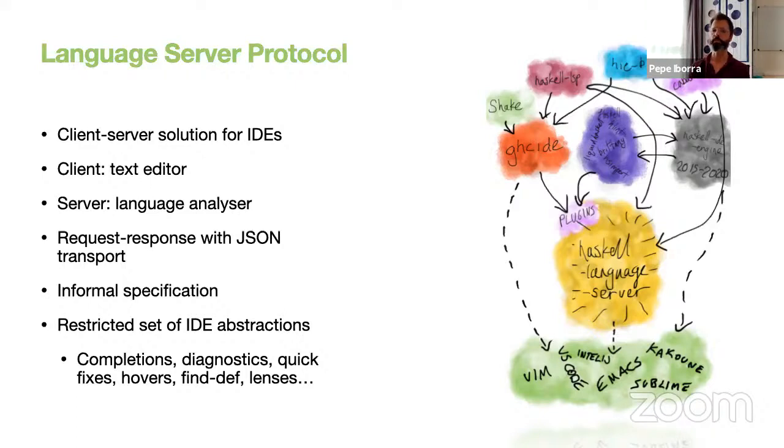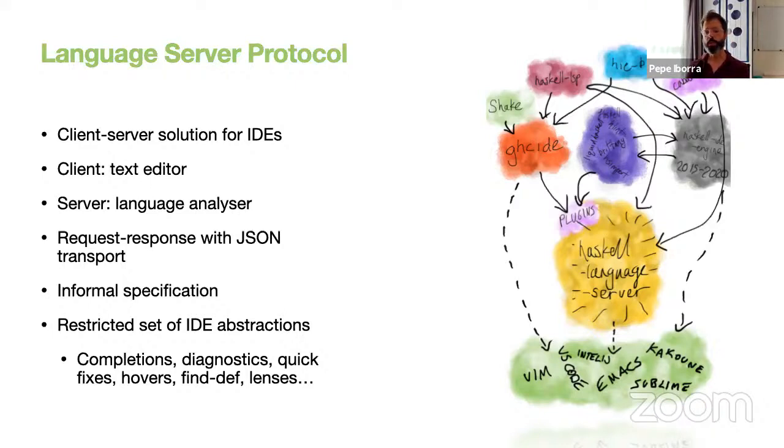So nowadays we have LSP clients for pretty much every editor out there, at least the most widespread ones. And the server can be implemented in a separate language, in a completely independent component. And then they both communicate through a pipe or through a handle using JSON.